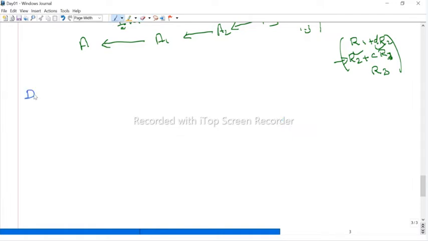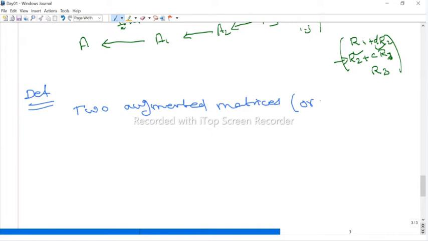So, definition: two augmented matrices of systems of linear equations. Anyway, a system of equations we convert to an augmented matrix.